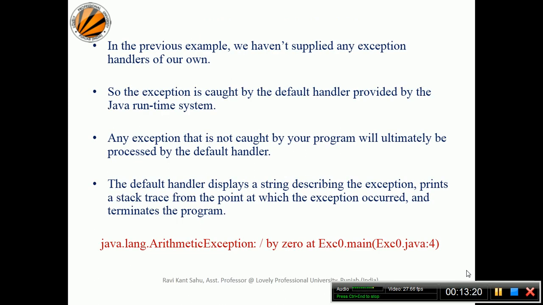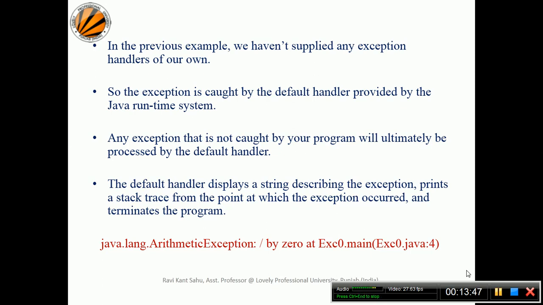In the previous example, we have not supplied any exception handler of our own. So in this case, the exception is caught by the default handler provided by the Java runtime system. The idea is, as the object of the exception has been thrown, you have two options. Either you provide a handler programmatically, or the JVM, the Java runtime system, will provide a default handler.